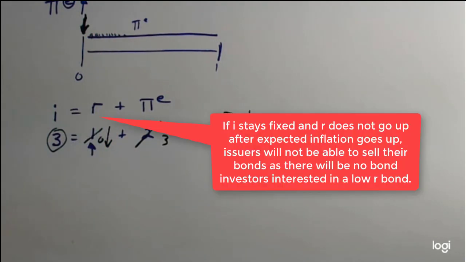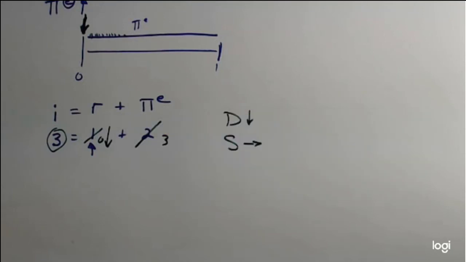So what's interesting about a change in expected inflation, and in this case an increase in expected inflation, is that bondholders lose, and hence the demand curve shifts to the left, and bond issuers gain, hence the supply curve shifts to the right, all under the assumption of ceteris paribus. We changed no other factors that influence bond prices, including nominal rates, as we left that unchanged at 3%.